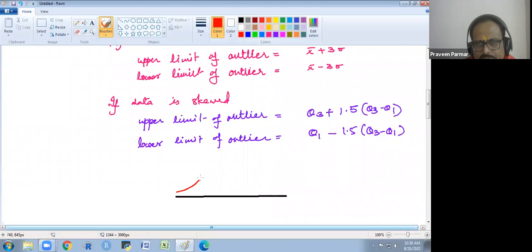Suppose we have this data, it is normally distributed. And we have these limits for our outlier, this is the upper limit, and this is our lower limit. Suppose this one is 60 and this one is 18. There are some other values, 70, 80, like this. What we do is convert these outlier values to 60.